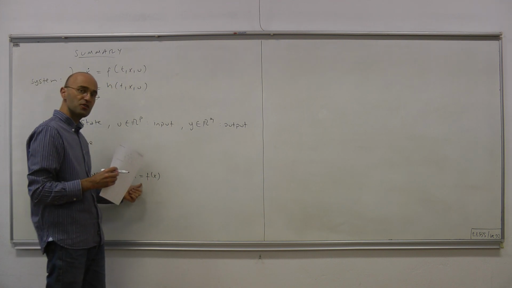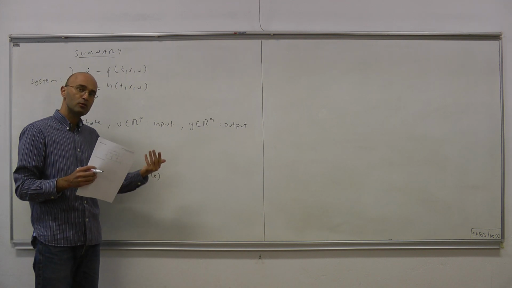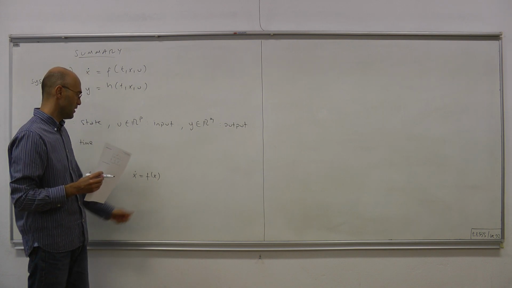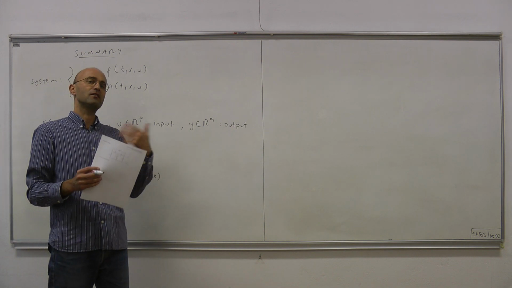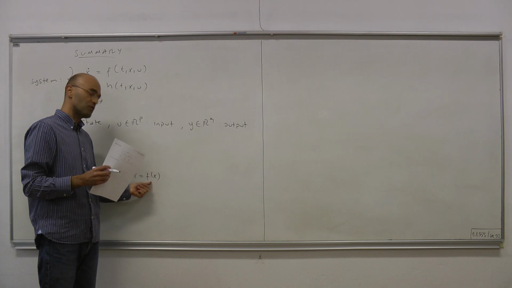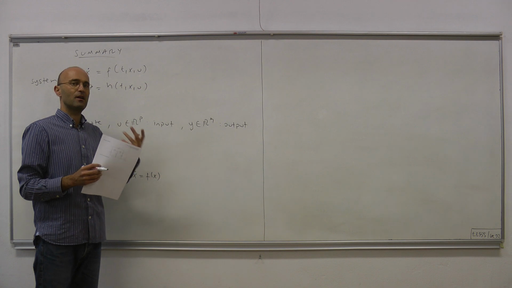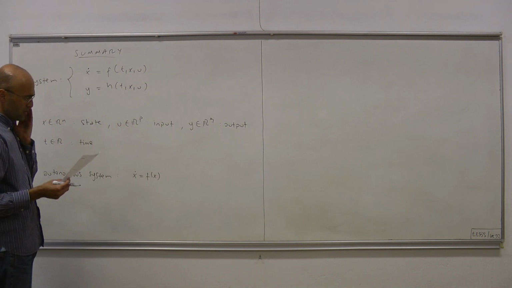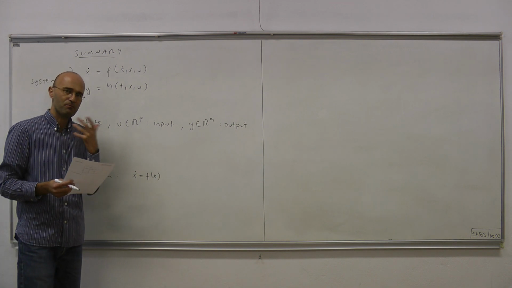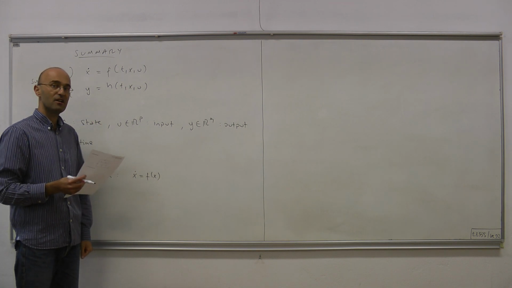But for this simpler case, all you need to be able to determine the future of the system is the initial condition, x at some initial time. And without loss of generality, you can always take that initial time to be 0, because the right-hand side doesn't depend on time.